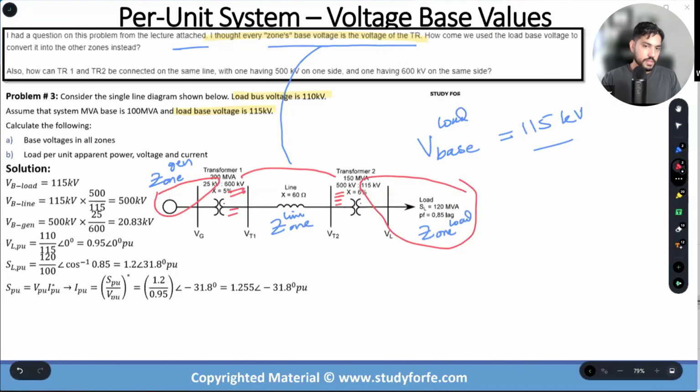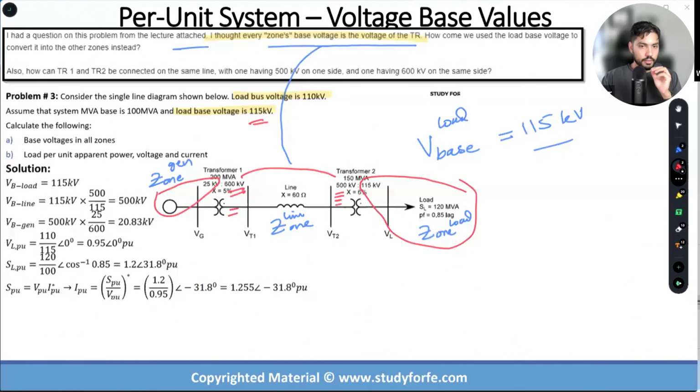But if they give you certain values to work with, then what is going to happen? You can still go ahead and select any voltage. Please hear me out completely and pay attention to the statement, because if you zone out partially, it's not going to help you.